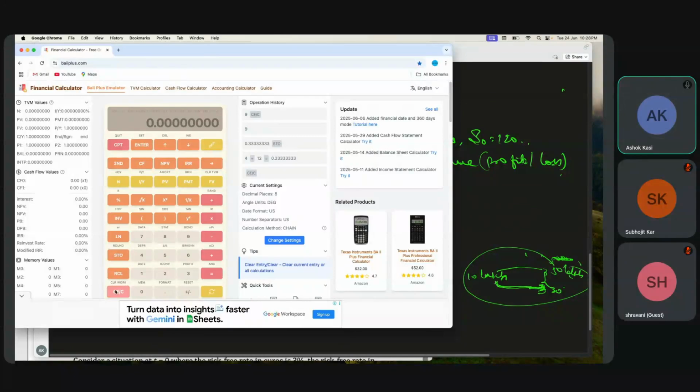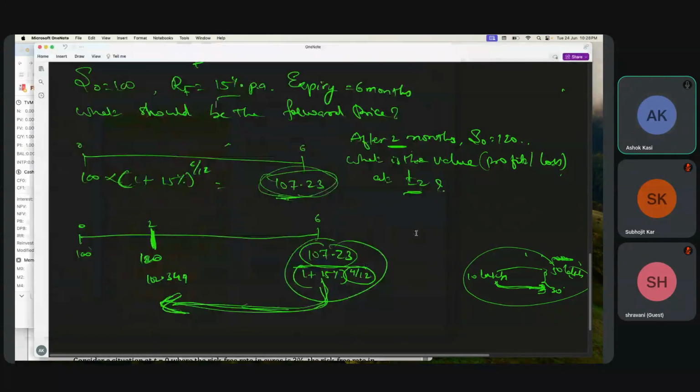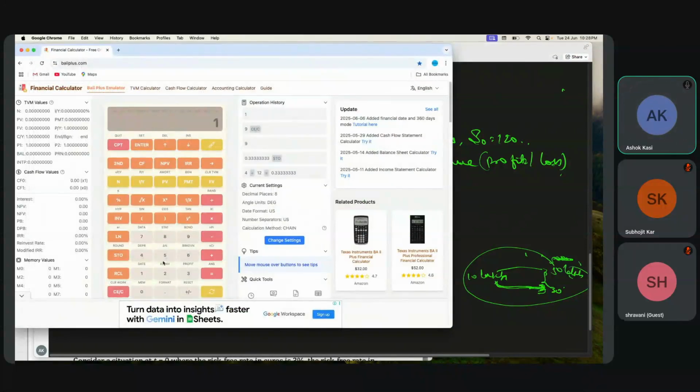Then 15 percent plus 1 equal to. Then raise to recall 9, because I stored it in memory, store 9, equal to.